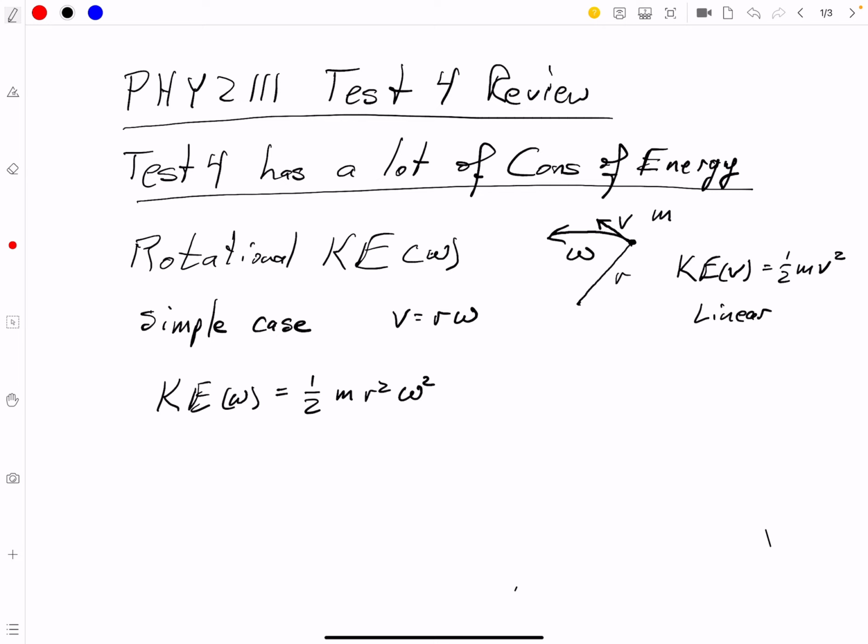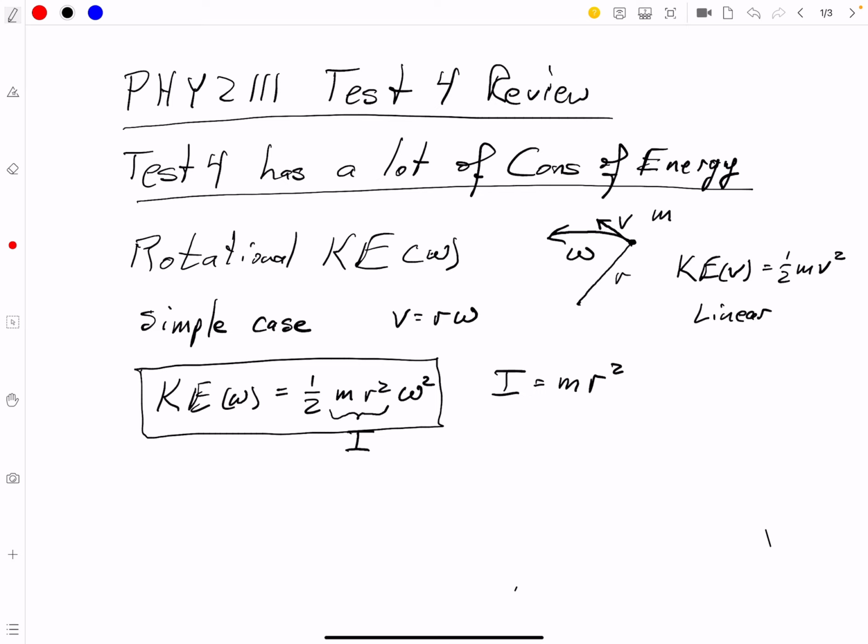And if you notice, right here is an I, a moment of inertia. So I for this particle is equal to mr squared. And now we have our rotational kinetic energy.